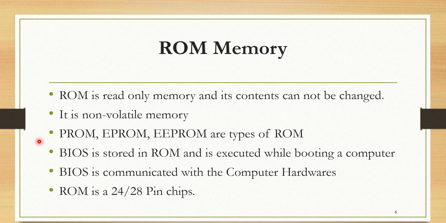If an error comes, then the system gives an error and doesn't boot. When errors are checked and everything is working fine, it gives instruction to the operating system to start the other jobs. So BIOS comes along with the computer and is stored in the ROM. BIOS communicates with the computer hardware. ROM is a 24 or 28 pin chip.